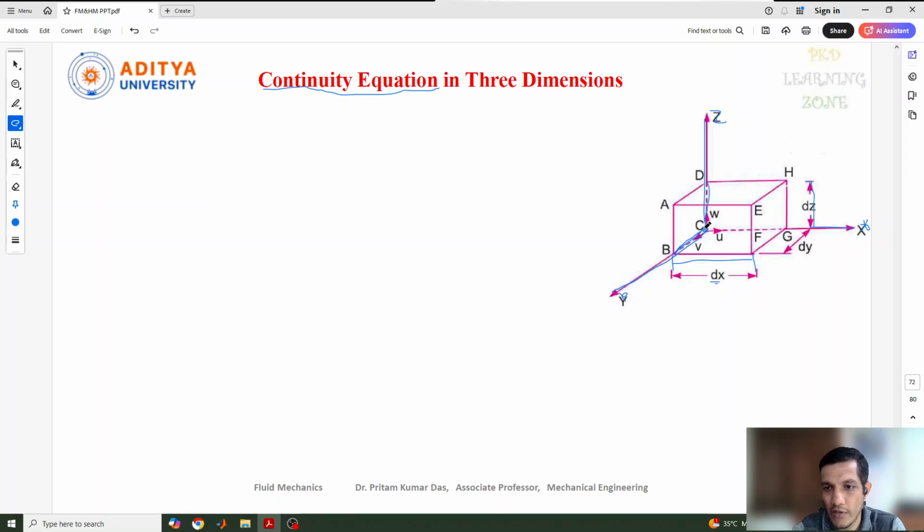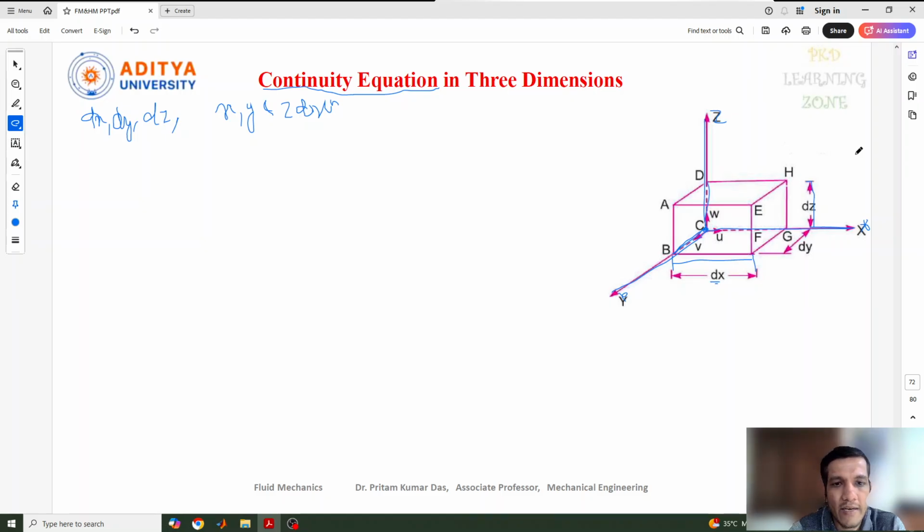So dx, dy and dz are the fluid element lengths in three dimensions with respect to the x, y and z directions.